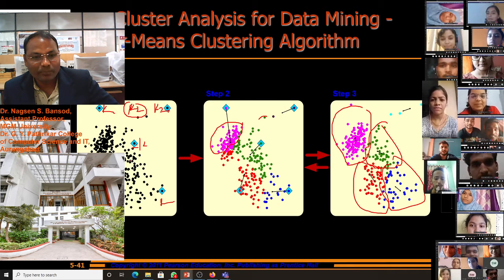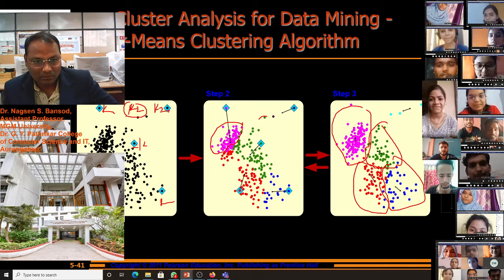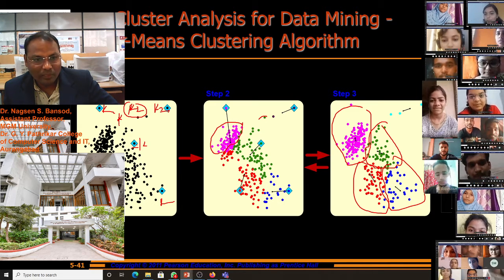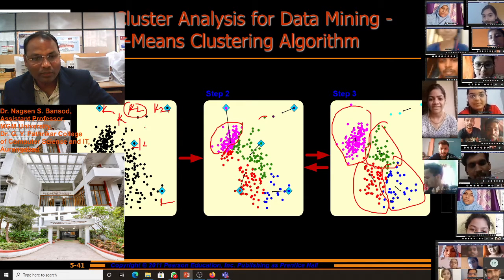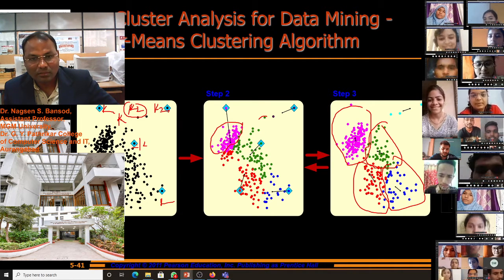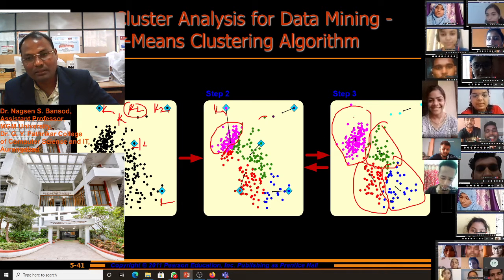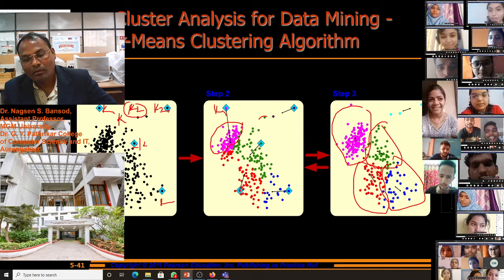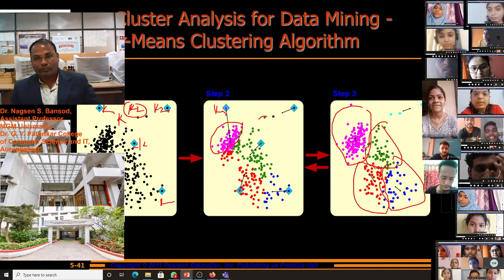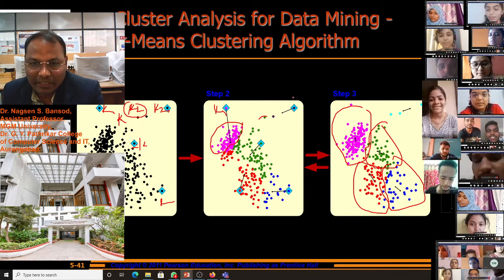In this example, we have selected pixel colors for the values of k, and according to that we have made clusters. We created clusters on the basis of pixel color, and the nearest distance we can also measure.